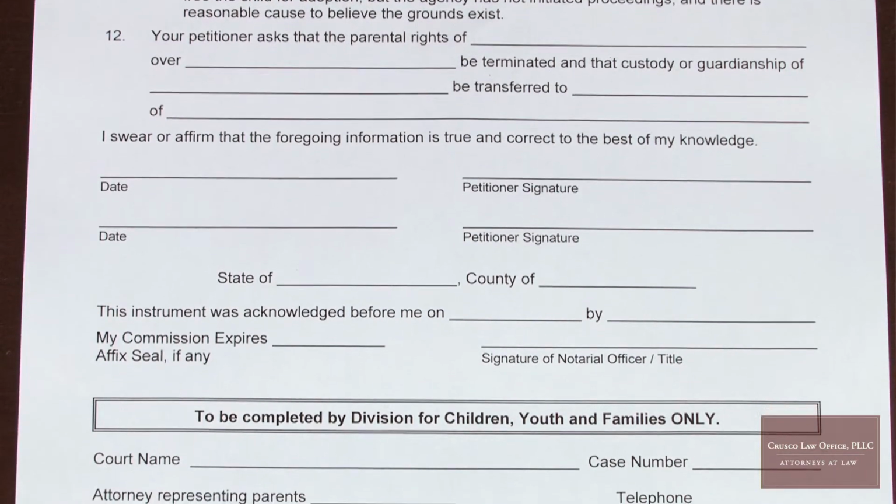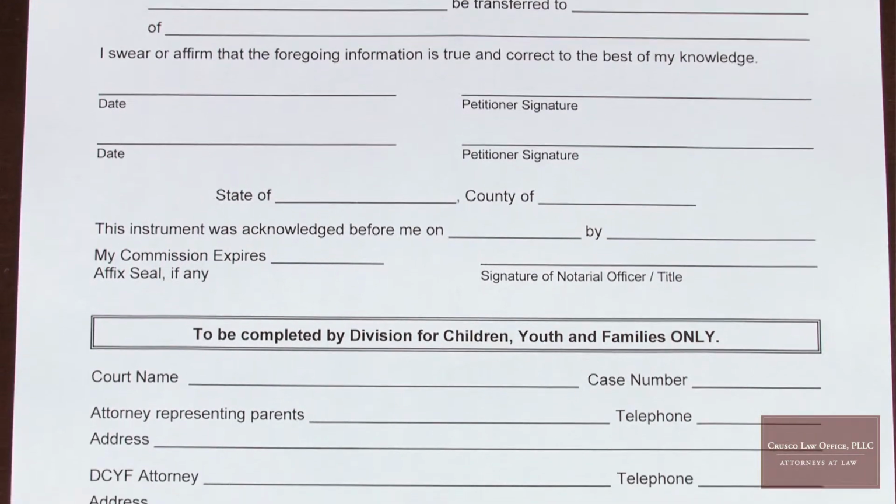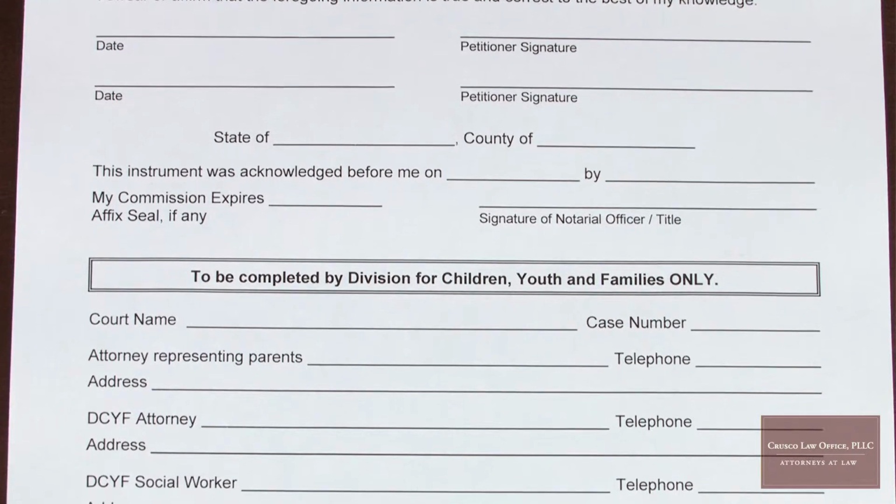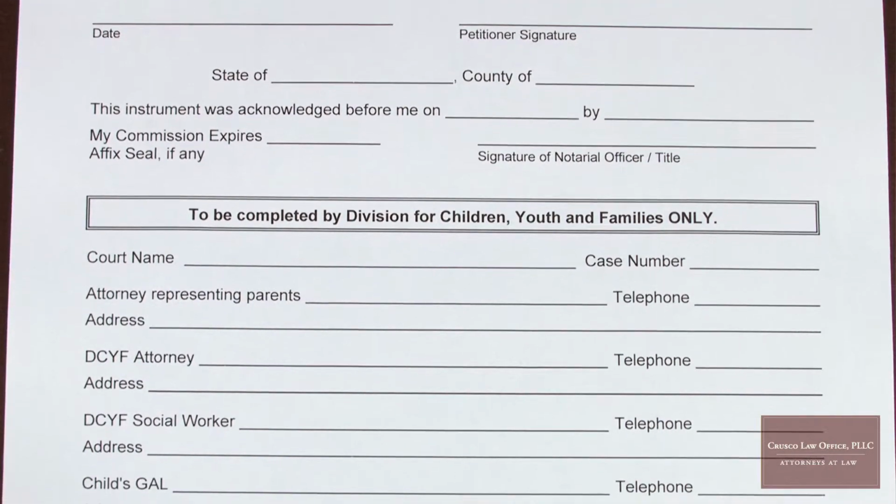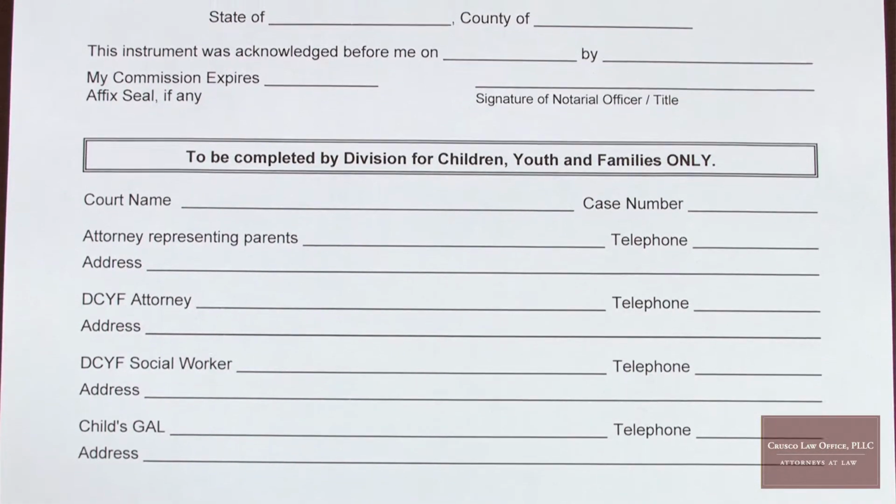There is also the ground of the mental deficiency or mental illness of a parent, the sexual, physical, emotional, or mental abuse of a child, when a parent is incarcerated for a felony and found pursuant to RSA 169-C to have abused or neglected a child, and when a parent has been convicted of murder, manslaughter, conspiracy, attempt, or felony assault of a parent, sibling, or step-sibling of the child.